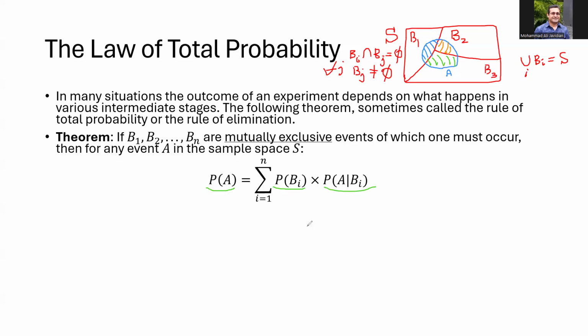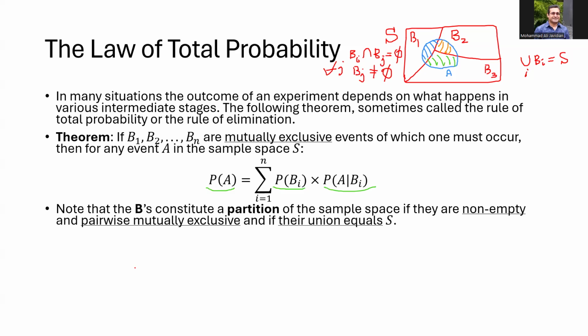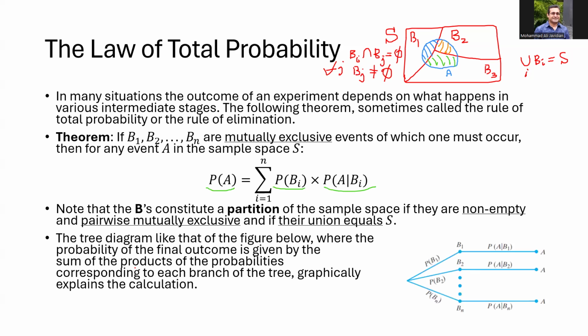So the best way to write down this probability is using a technique that is called a tree diagram. In a tree diagram, first of all, you have branches based on the main subspaces.